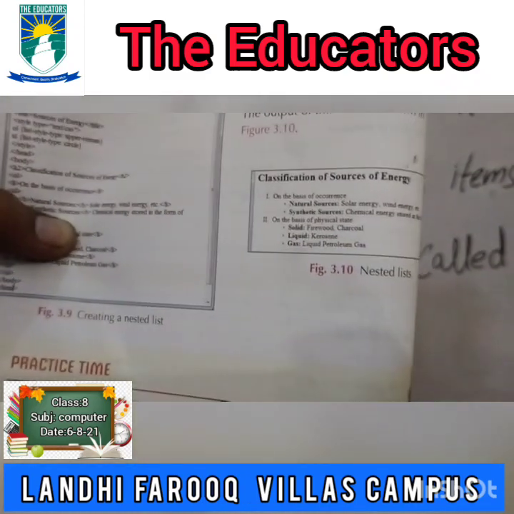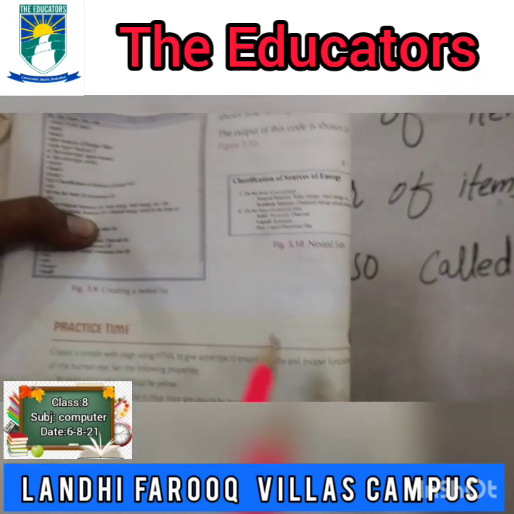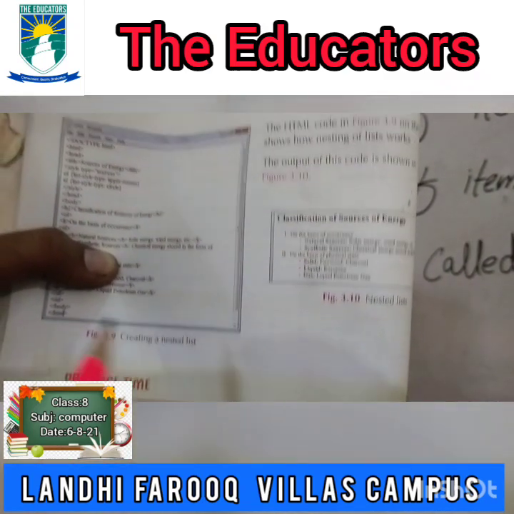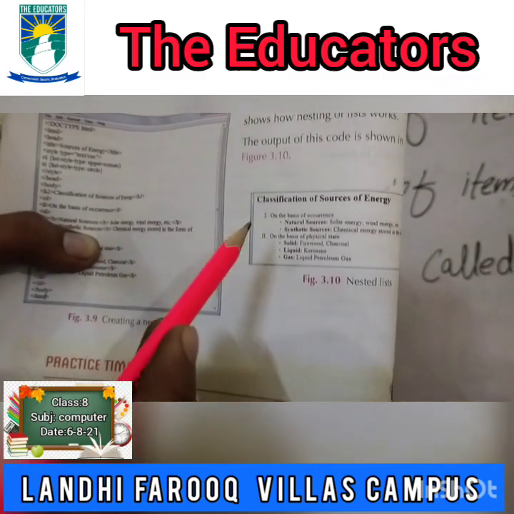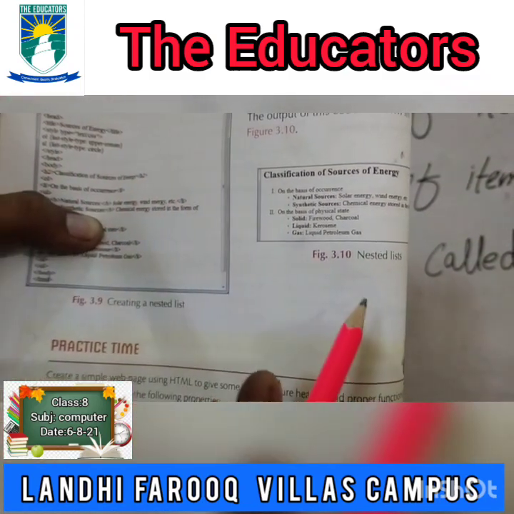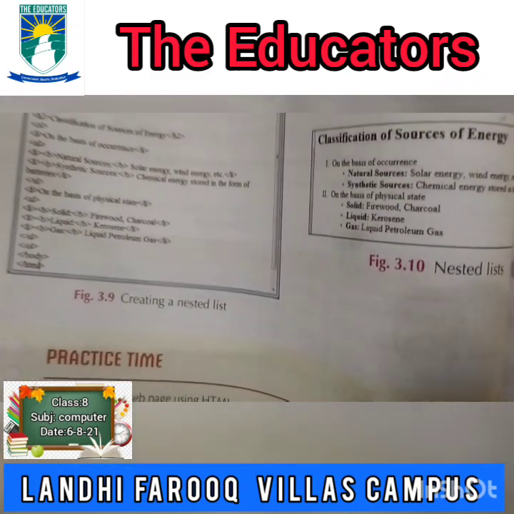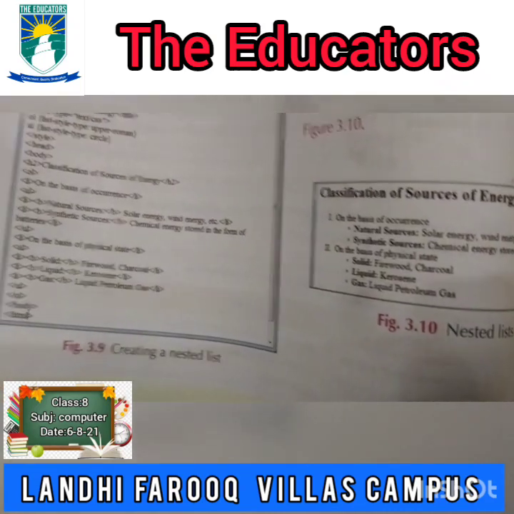This is the function of the ordered list. In the previous figure we used alphabetical, and in figure 3.10 we used numerical. So our lecture is complete for list and ordered list.